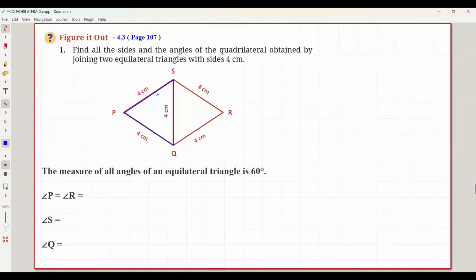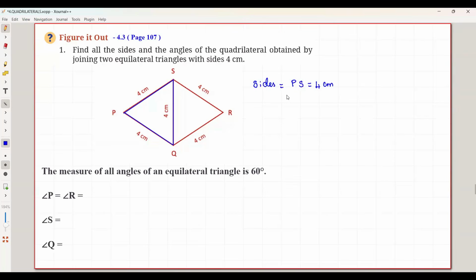First, you can write all the sides. The sides will be 4 centimeter. In an equilateral triangle, PS is equal to 4, PQ is equal to 4, QR is equal to 4, and SR is equal to 4 centimeter.